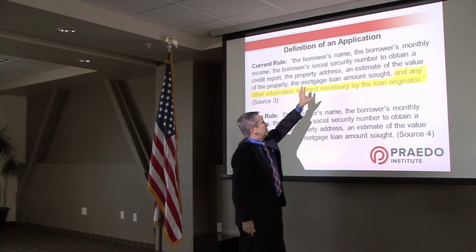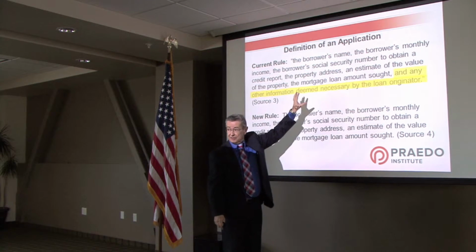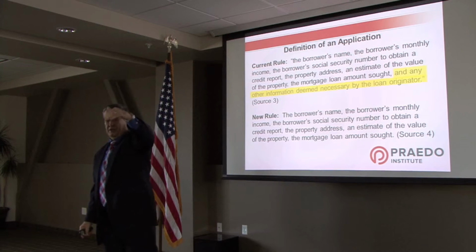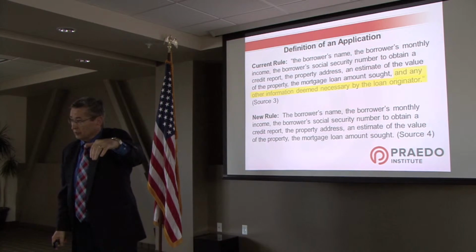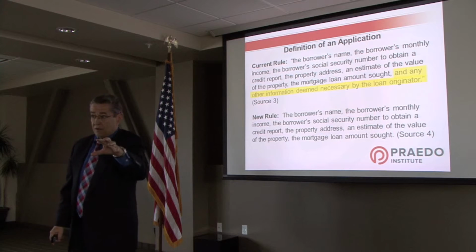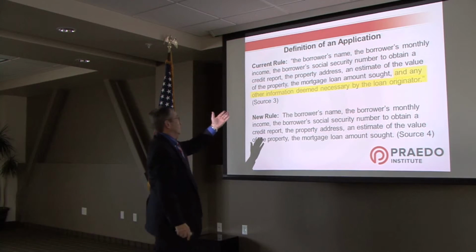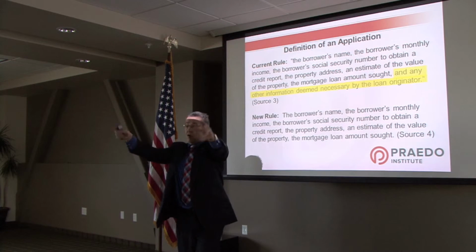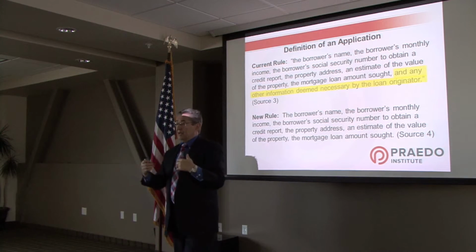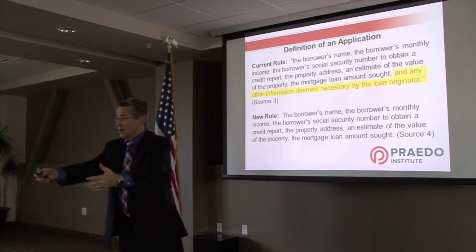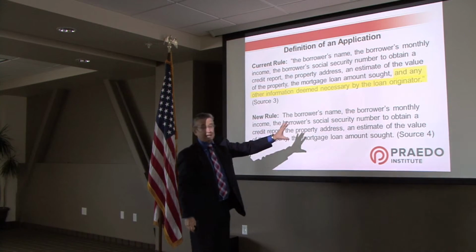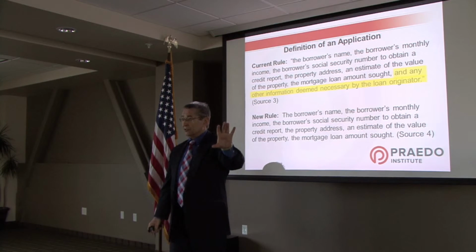Once they complete an application, they have a loan application, now they're required to disclose. That's the way it reads now. And so once they get this information plus other information, then they can disclose. Well, they can add all kinds of things to it so that the disclosure gets put off and put off. Now the new ruling doesn't give them that latitude. It's these items right here, and then they have to disclose.